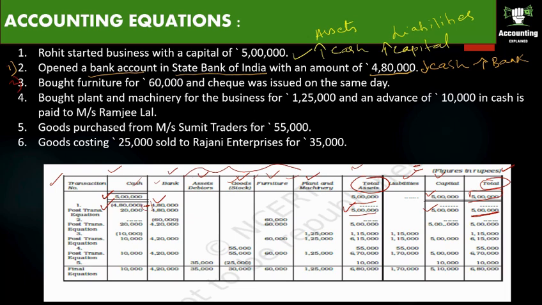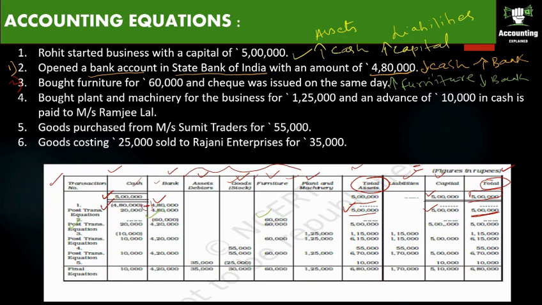So your furniture is going to be increased by 60,000 and your bank is going to be reduced by 60,000. So this is the second transaction. In the second transaction, bank is reduced by 60,000 and your furniture is increased by 60,000.